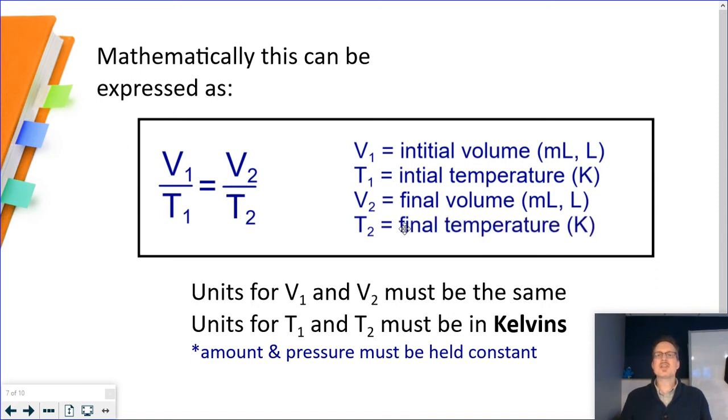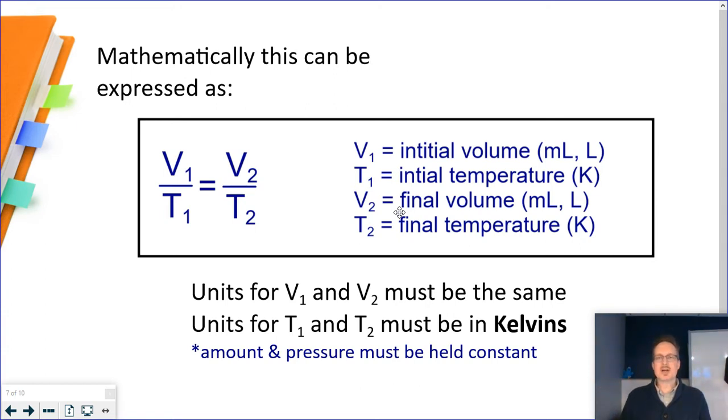Now, I want to look at the units for a second. Whatever the unit is for volume, they've got to be the same: milliliters, milliliters, liters, liters. We don't care what the unit is for volume as long as they are the same for initial and final.